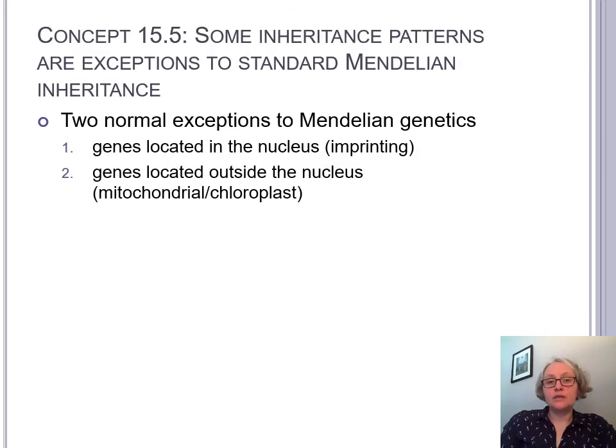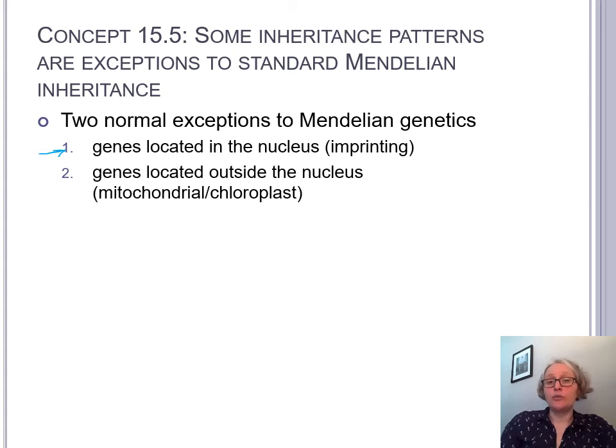We now want to skip up to chapter 15 and just look at concept 15.5 to look at some inheritance patterns that are exceptions to normal standard Mendelian inheritance. These are not going to be able to be determined by a Punnett square or using what we know about dominant and recessive. One of the exceptions is with genes that are located in the nucleus.